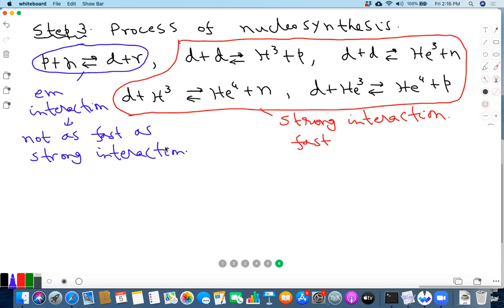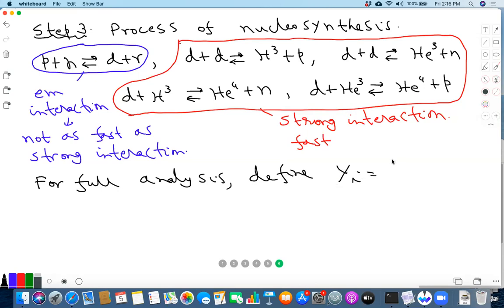So we can, of course, do a full analysis, right? So for the full analysis, let's just say what we will do. We define, say, yi, which is Ni over Nb, where Ni is the number of nuclei of ith type.